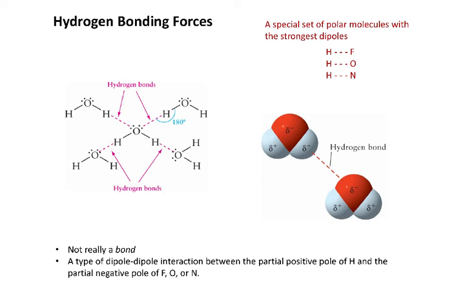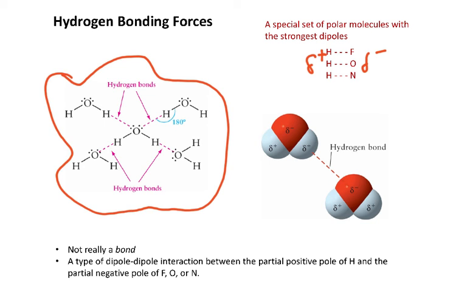So there's going to be a very strong partial negative on the fluorine, oxygen, or nitrogen side, and a strong partial positive on the hydrogen side. So any time we have an H-F, H-O, or H-N bond in a molecule, there will be hydrogen bond intermolecular forces between these molecules.